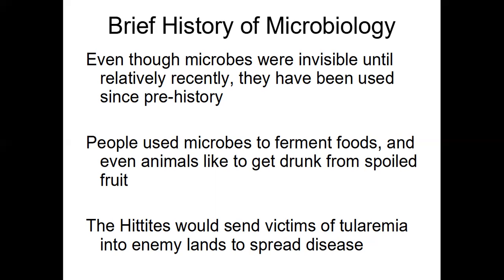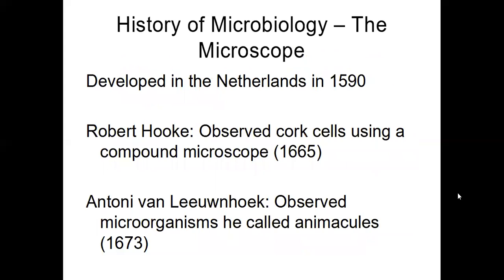Okay. Another thing that we can talk about here in the history is the microscope, right? We can't talk about the history of microbiology without talking about the microscope. Developed in what is now the Netherlands in the late 16th century, originally developed by people who worked with cloth, and they wanted to look at cloth very closely, to look at the thread counts in cloth.